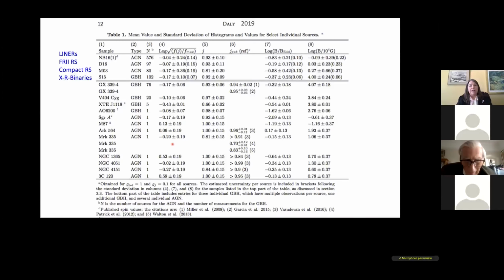But very shortly, we're going to have a substantial number of sources where we will have simultaneous or contemporaneous radio and X-ray measurements for a large sample of local AGN, and we'll be able to compare the spins obtained with this method to higher accuracy than we're able to do at this point. This is really the first look at the application of this method.